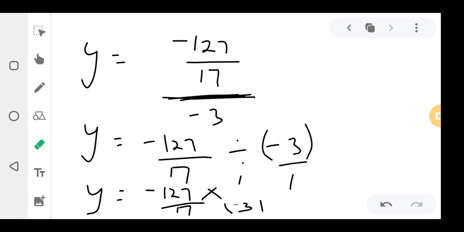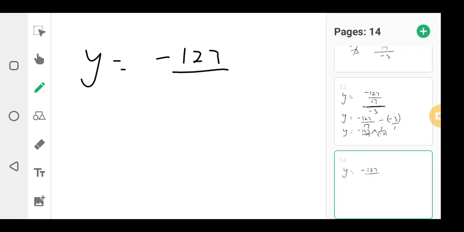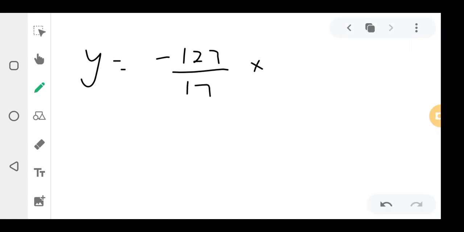Okay? There's a negative there, negative 3 here. So y is equal to negative 127 over 17 times 1 over negative 3.